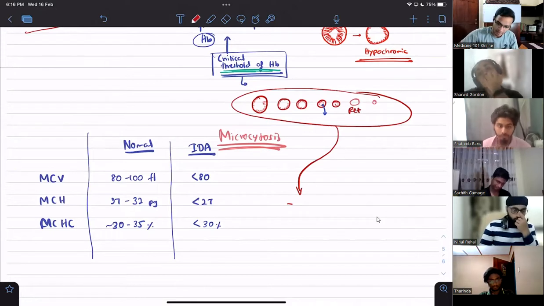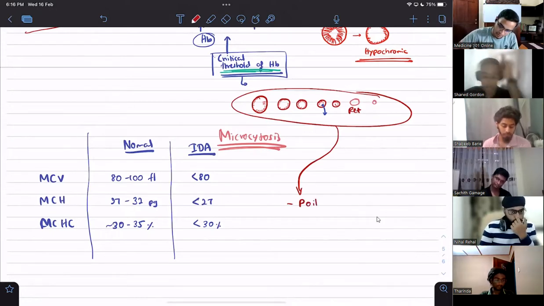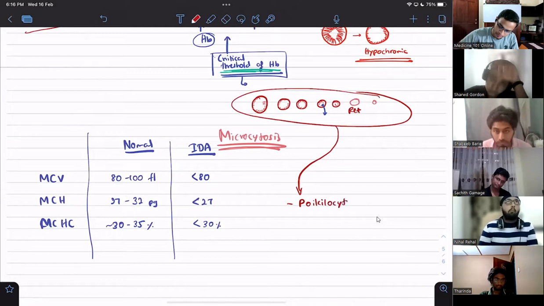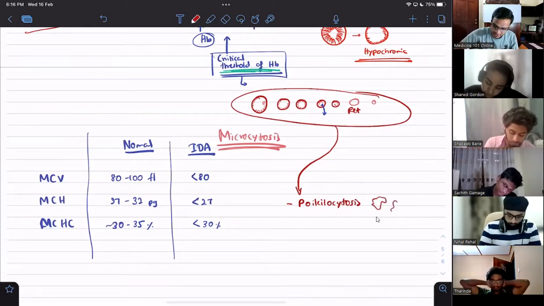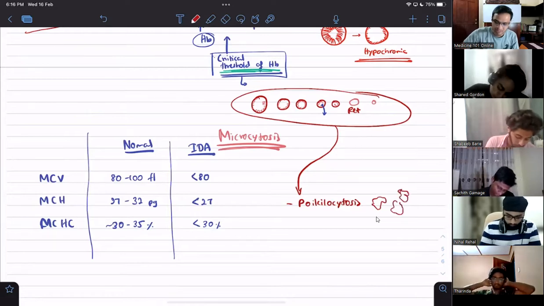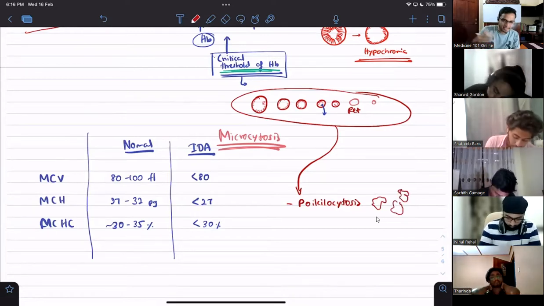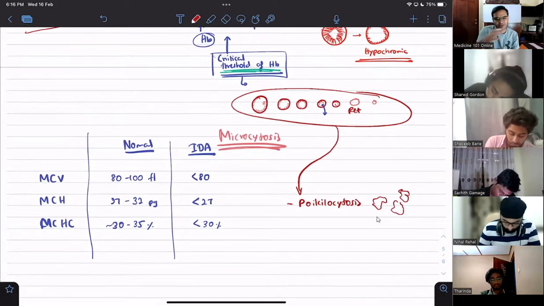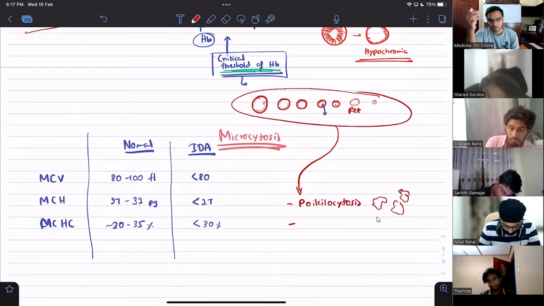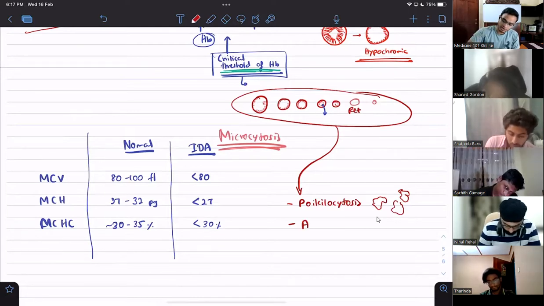At the same time, we can get something called poikilocytosis. This is varying shapes, guys, abnormal shapes of RBCs. We can get flat, elongated, teardrop shapes, sickle shapes, various shapes. This is poikilocytosis. And as it waits so much time to try and receive the hemoglobin, we can also get what we call anisocytosis.